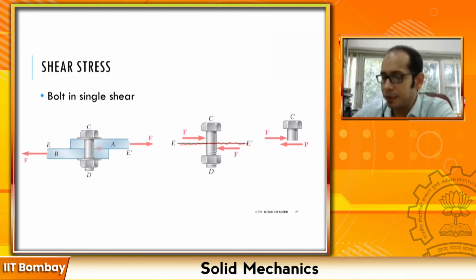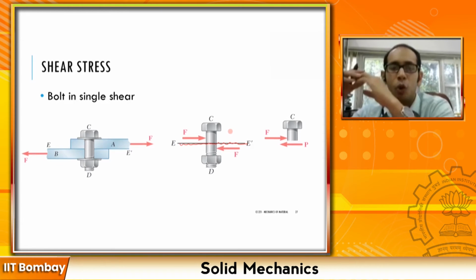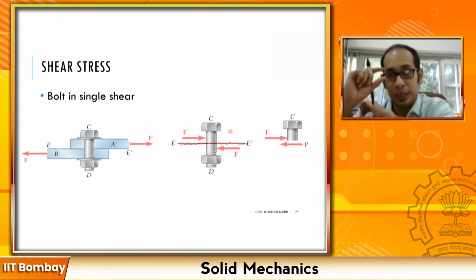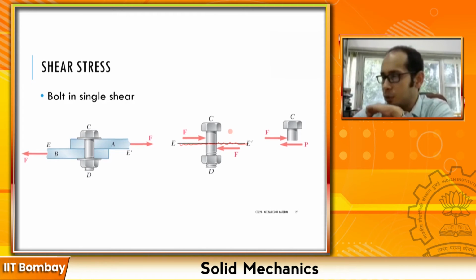Now imagine if this bolt was not made of steel, but of some very soft material. If you attach it to one plate over here and one plate over here, and give it a pull, you will see that it fails along this particular axis. Again, remember, if my whole system is in equilibrium, the individual smaller parts must also be in equilibrium.